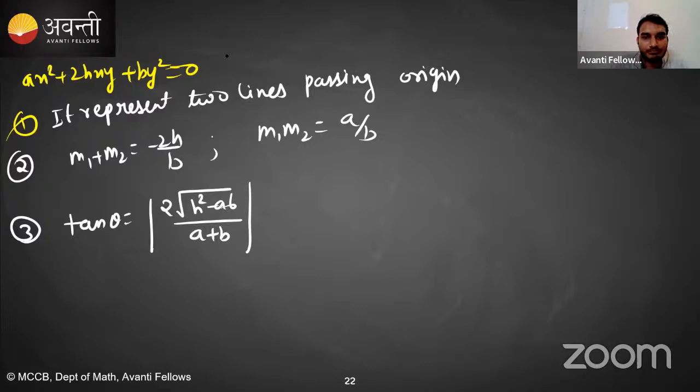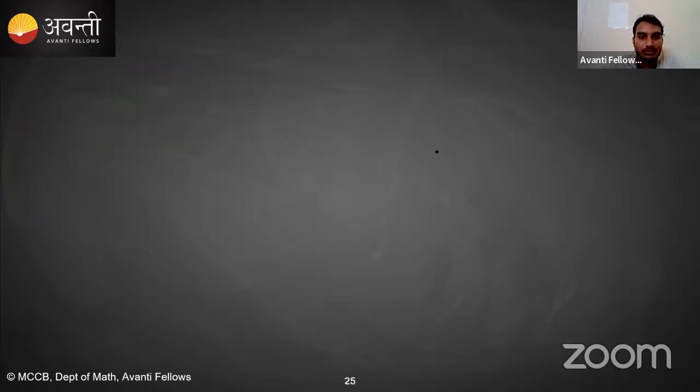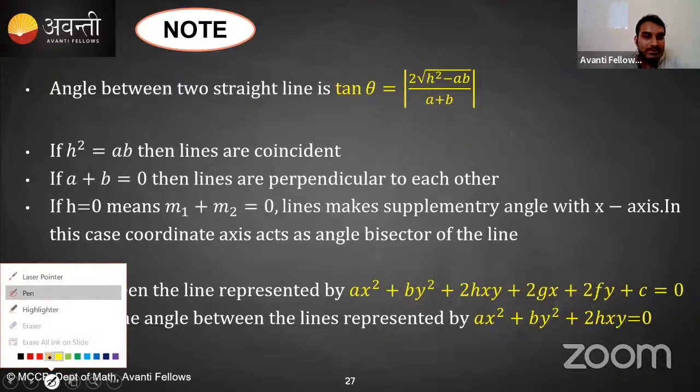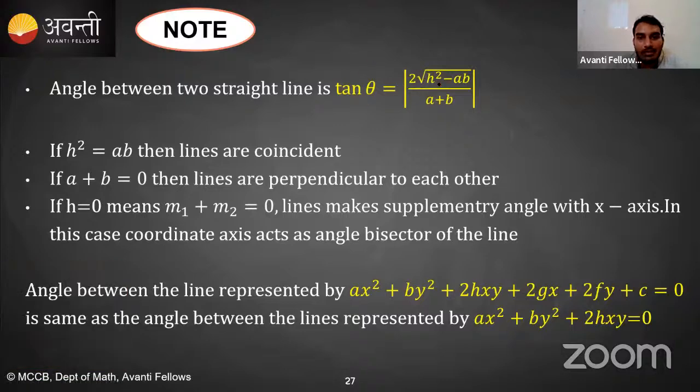Okay. So there are some things that you should note here, students. First thing is the angle between two lines. Just now we derived that it is 2 times under root of h square minus ab upon a plus b. Second, if h square is equal to ab, it means tan theta is 0.